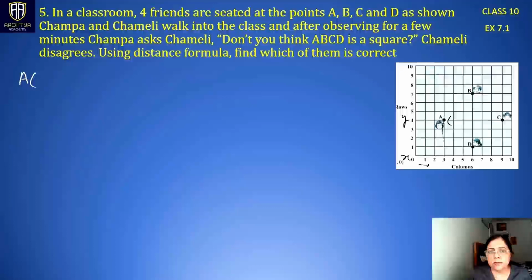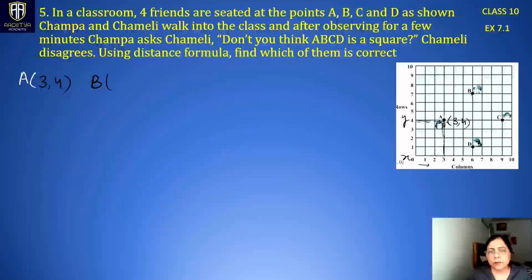Drop perpendiculars from this point on the x-axis and y-axis, and we will get the coordinates. On the x-axis, you are getting 3, so the first coordinate is 3 and on the y-axis it is 4. So A is 3, 4.